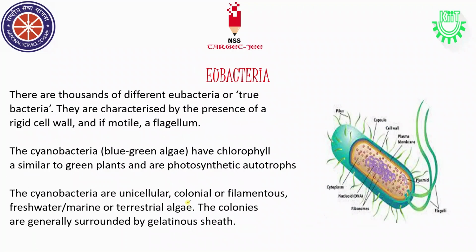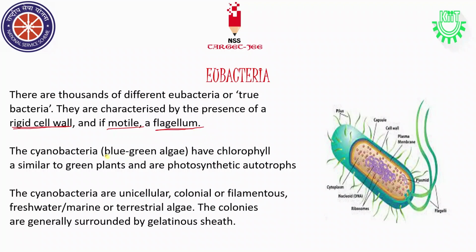Eubacteria. There are thousands of different eubacteria, which is also known as true bacteria. They are characterized by the presence of rigid cell wall and, if motile, a flagellum. उनका कैरेक्टरिस्टिक क्या है? They have a rigid cell wall and if they are motile, मतलब if वो मोबाइल है, वो मूव कर सकते हैं, then they possess a flagellum.